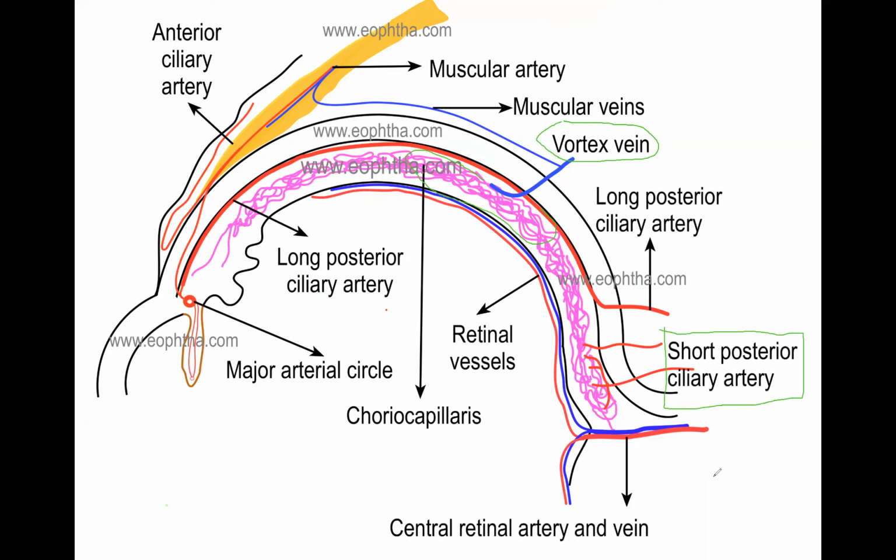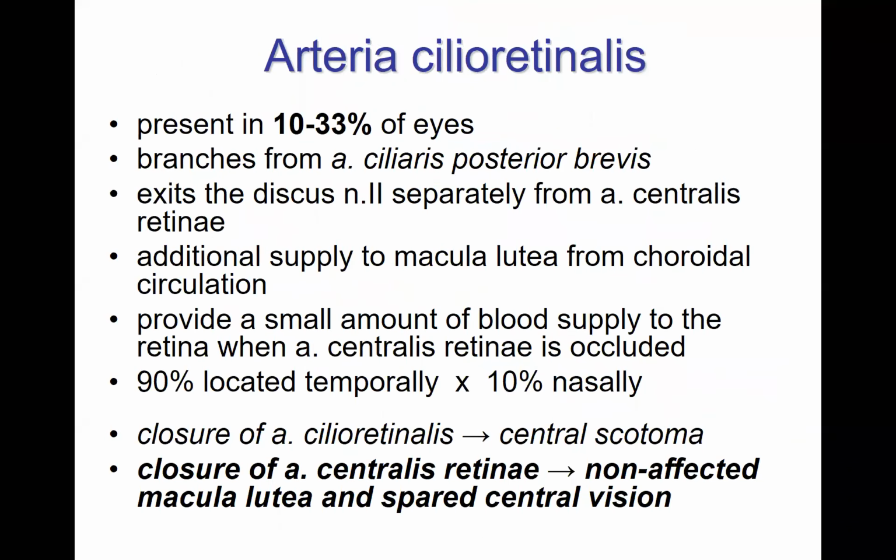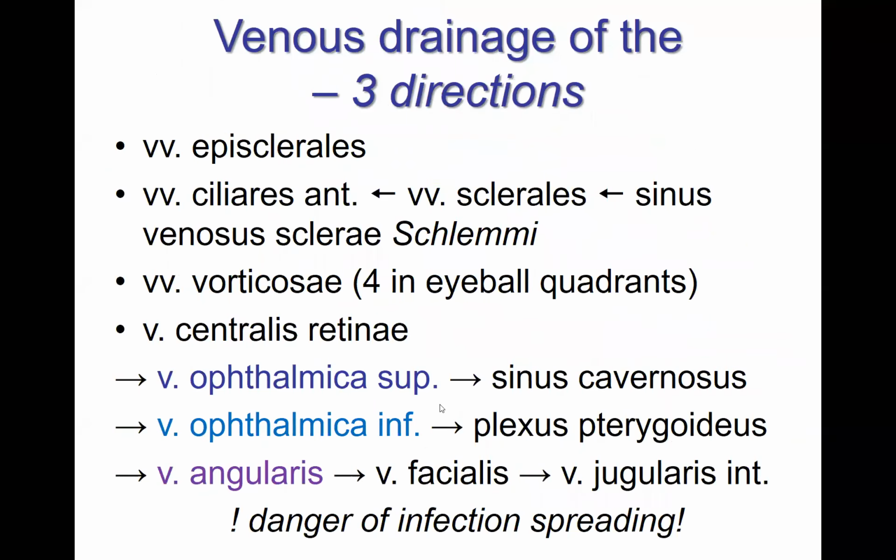So there are no short posterior ciliary veins, yes, because the arteries, as you can see here, they enter from dorsally, supply the choroid, but then the veins exit in a quadrant, yeah, in a different way, and they are called vortex veins. So that's one difference. Yeah. No short posterior ciliary vein, but are replaced by varicose veins.